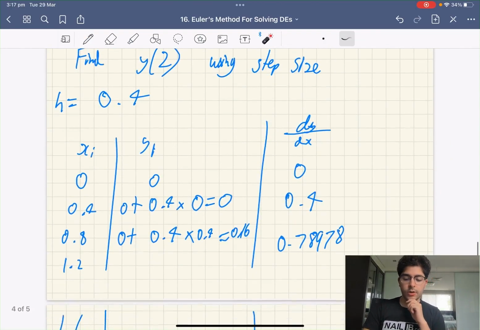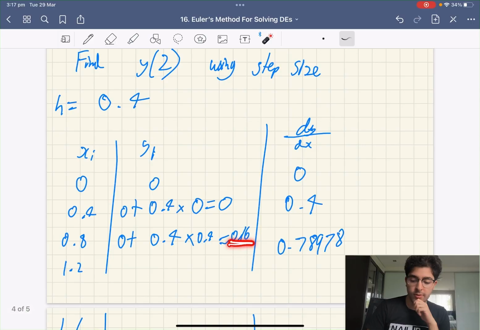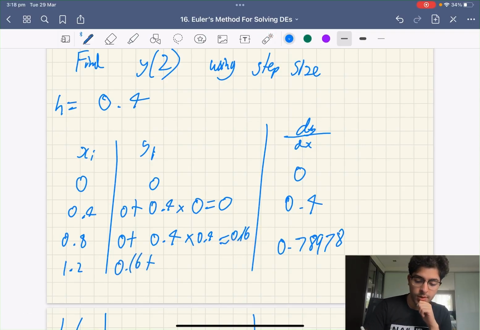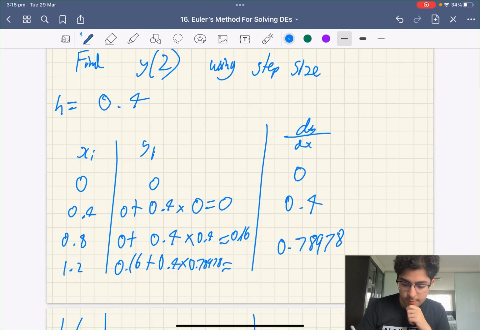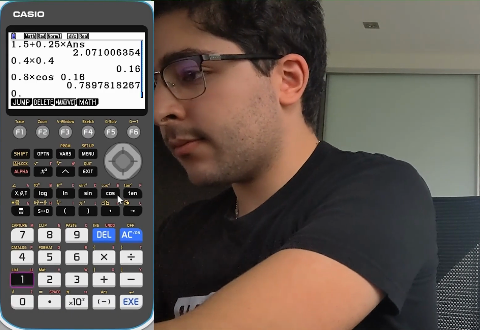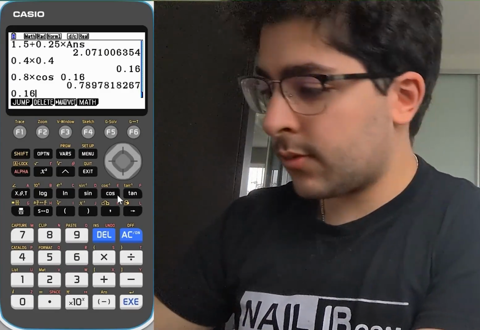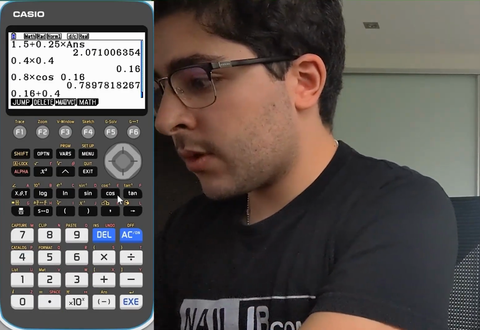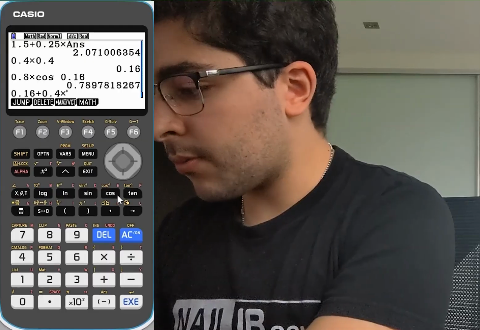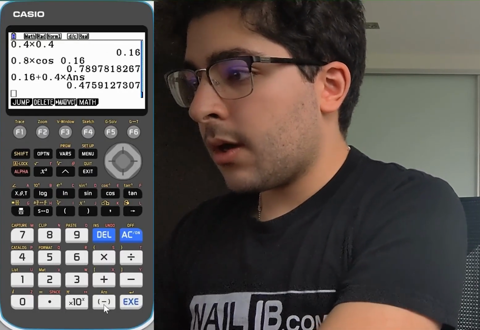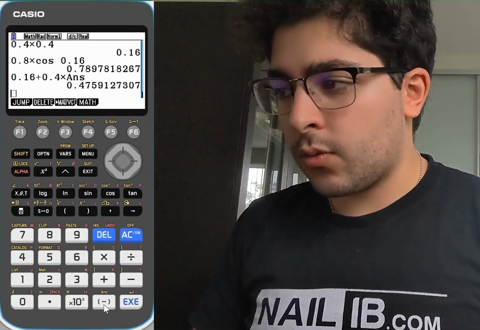For the next y coordinate, it's going to be the previous coordinate, 0.16, plus the step size, 0.4, times dy on dx in the previous part, which is 0.78978. Putting that in the calculator, we get 0.47591.